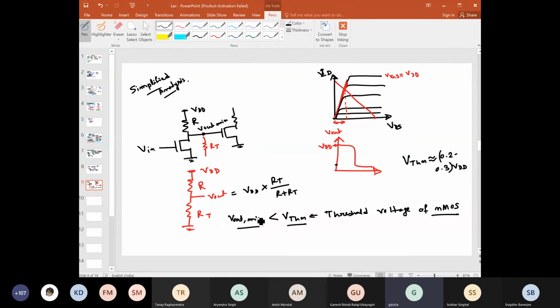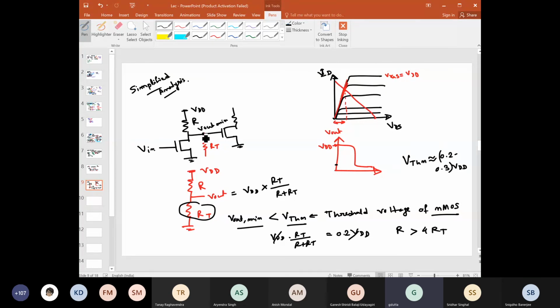Right, so in that case, we can write VDD times RT by R plus RT is equal to 0.2 of VDD. So if you calculate it, you will get this. So this is the RT. RT is the equivalent resistance of this MOSFET.